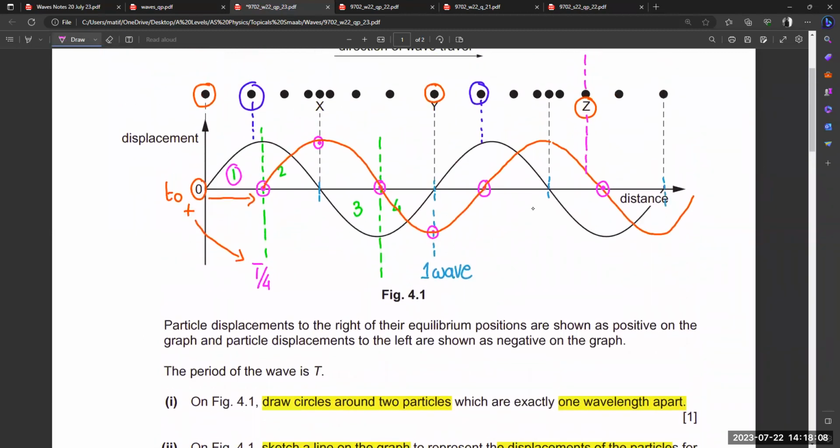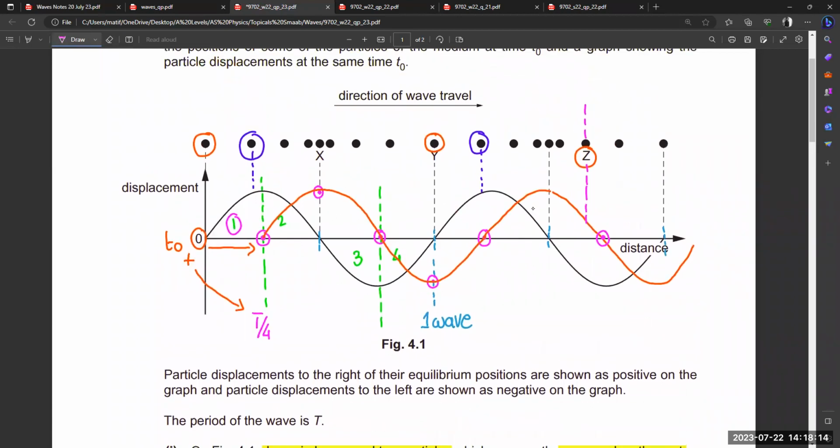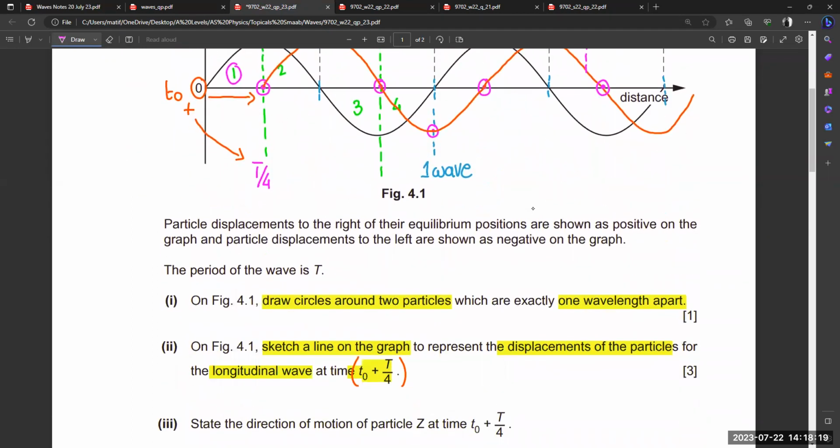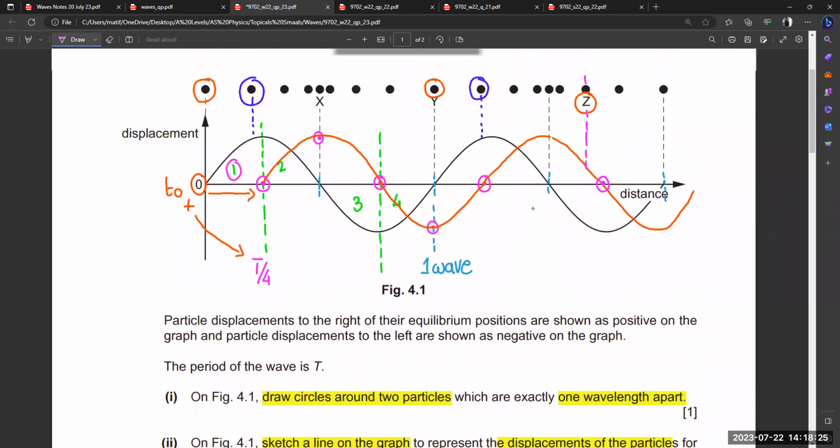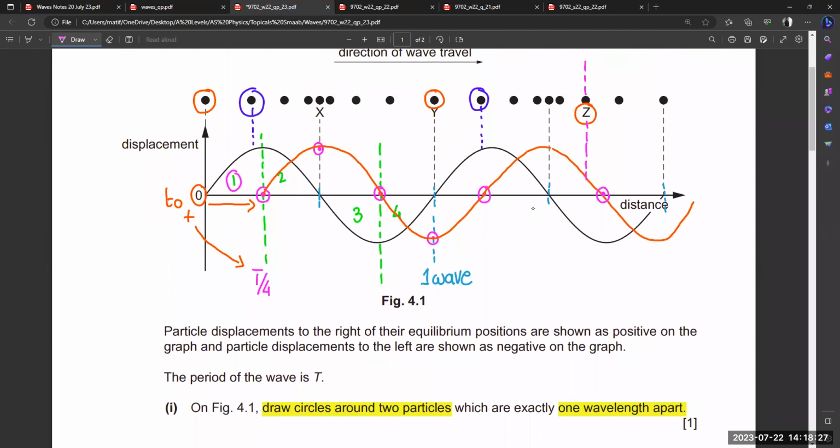So actually, we need to state the direction of the motion of particle Z. We know that this red wave is moving in the forward direction, and we can say that this red wave is also a progressive wave. So we can easily mark it, because it is mentioned in the second part, the longitudinal wave. According to the concept of longitudinal wave, this particle Z will move in which direction?